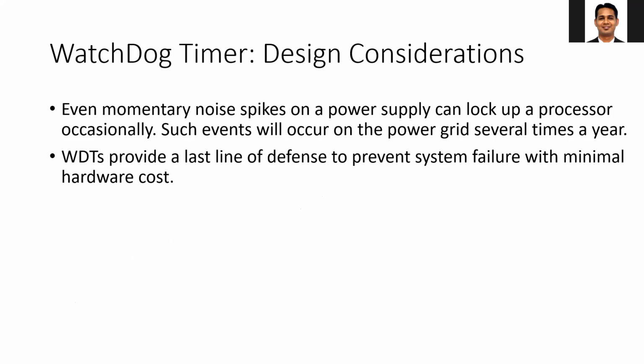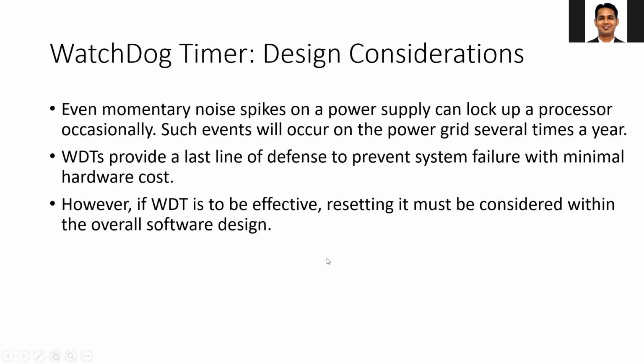Even momentary noise spikes in a power supply can occasionally lock up the processor. Such events occur on the power grid multiple times. Spikes are quite common, and your system will hang. In this case, the watchdog timer provides a last line of defense to prevent system failure with minimum hardware cost, because it's a small hardware timer and it will take care of resetting the system.